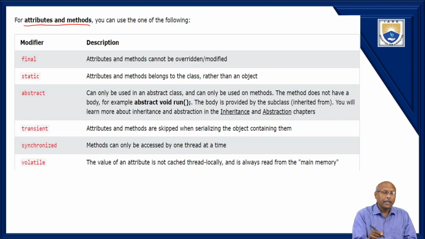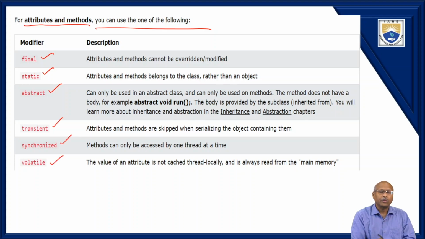Similarly, for attributes and methods, you can use one of the following: final, static, abstract, transient, synchronized, volatile. These are the different types of non-access modifiers. These non-access modifiers you can use along with attributes or methods.